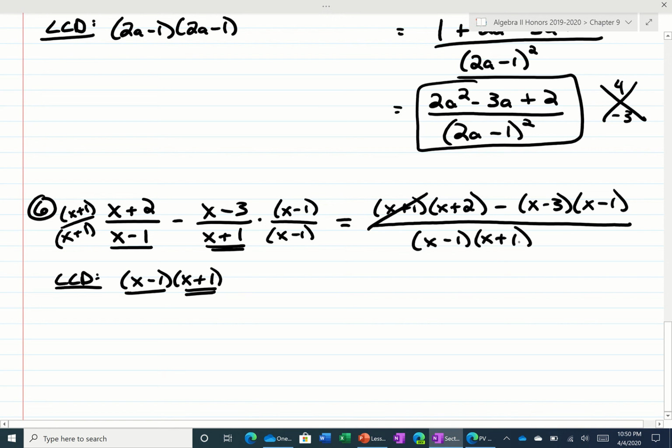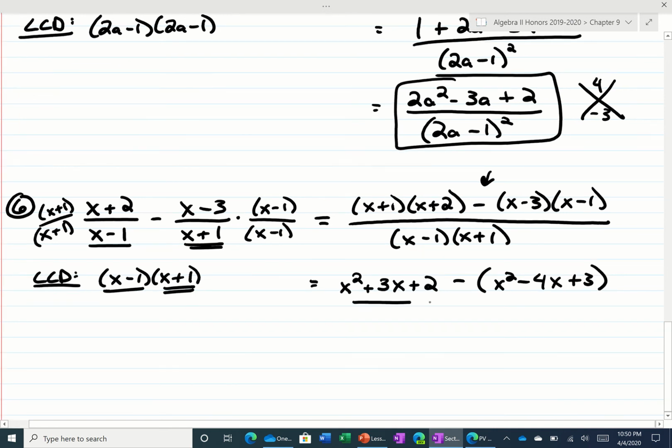Now, you don't want to cancel here because you're adding and subtracting. You can only cancel if you're multiplying and dividing. So we're going to have to distribute the whole top. This would be x squared plus 2x plus 1x minus x squared minus x minus 3x is minus 4x plus 3. This would be x minus 1 times x plus 1.